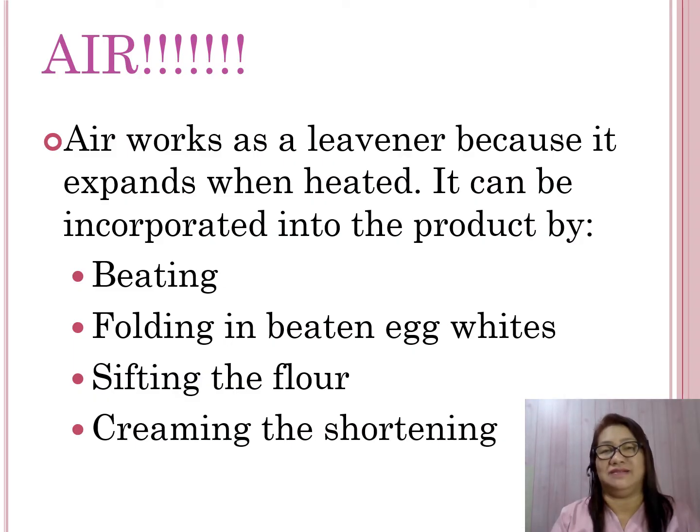Air is an example of a leavener. Air works as a leavener because it expands when heated. It can be incorporated in the product by beating, folding in beaten egg whites, sifting the flour, creaming the shortening.